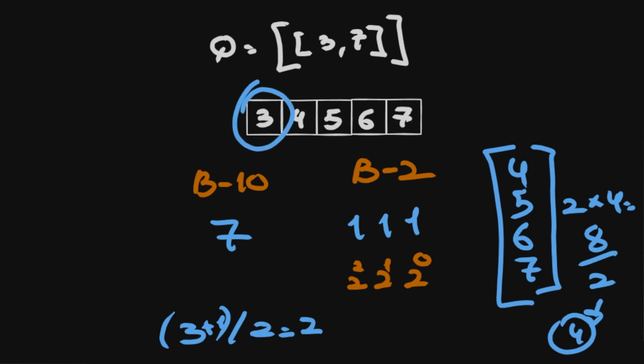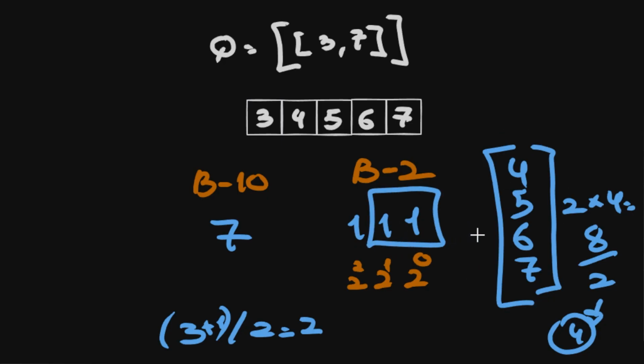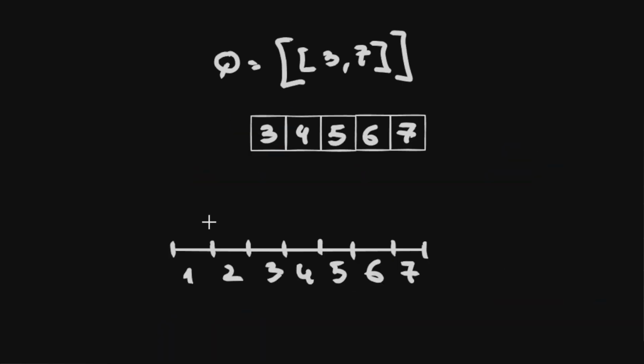Now we also need to include 3 in this case, and 3 is not here because it has only 2 bits. This is 3 in binary number. The thing is that we don't have to include every number of 2 bits. We only need 3. So the full approach is the following. This is very similar to prefix sum. We can take the total number of operations required for every number from 1 to the right bound, in this case 7.